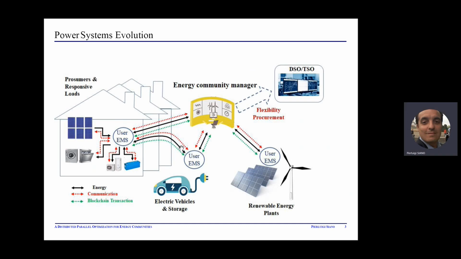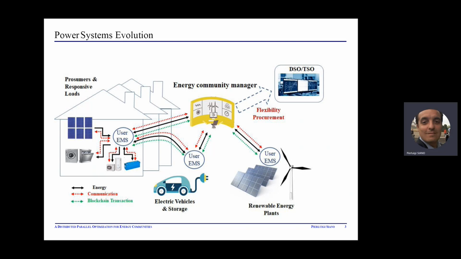As known in the smart grid, prosumers can aggregate in the so-called energy communities managed by an energy community manager that are based on the exchange of bidirectional flows of energy and on peer-to-peer exchanges to achieve self-consumption of renewable energy and to provide services to the power system.